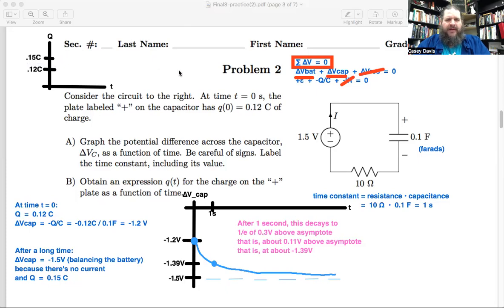And this is also going to be exponential decay. As far as charge is concerned, we start at 0.12 coulombs, and we're going to approach an asymptote of 0.15 coulombs. Any questions on that so far?